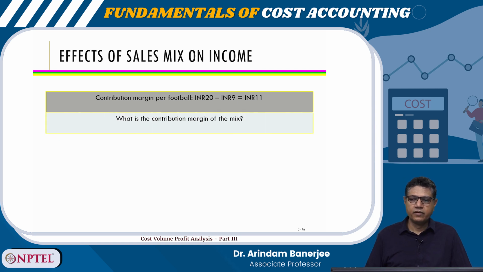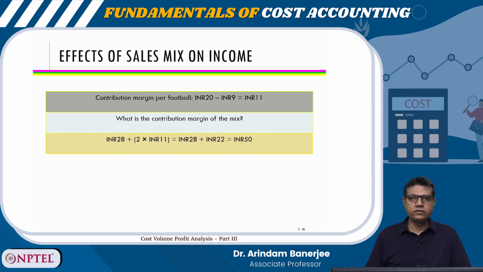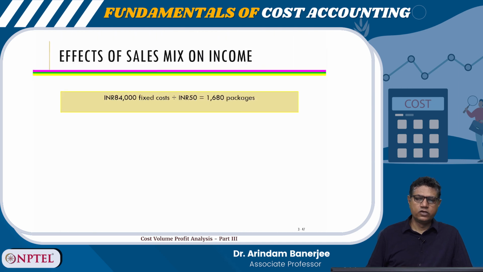Contribution margin per football is 20 rupees minus 9 rupees, the variable cost, that is rupees 11. What is the contribution margin on the mix? Rupees 28 we calculated earlier plus 2 into rupees 11 is equal to rupees 50. On the sales mix, 84,000, which remains the fixed cost, divided by rupees 50 contribution is 1680 packages. So, 1 toy plus 2 footballs is 1 package.